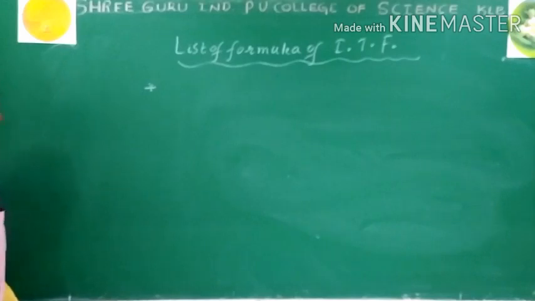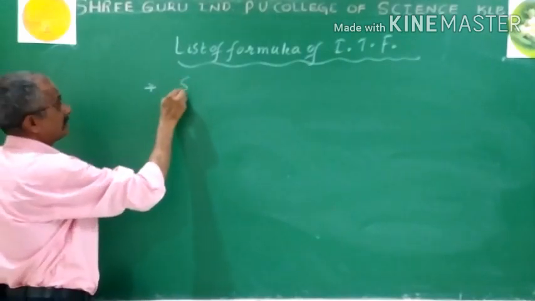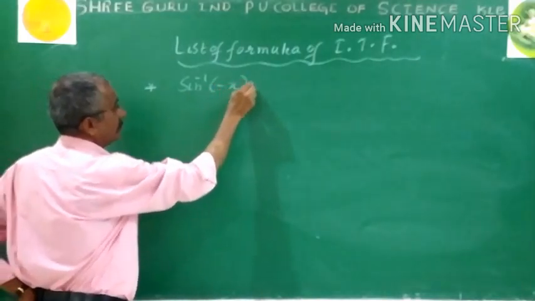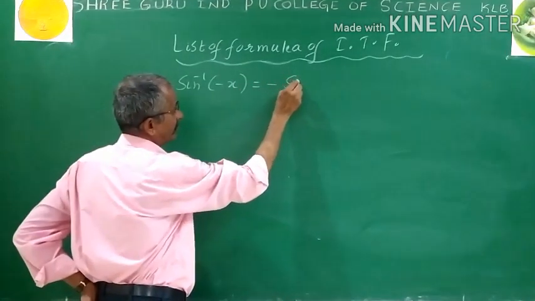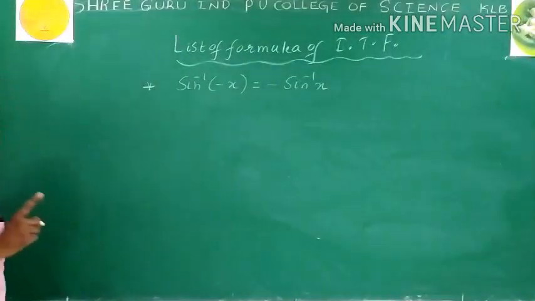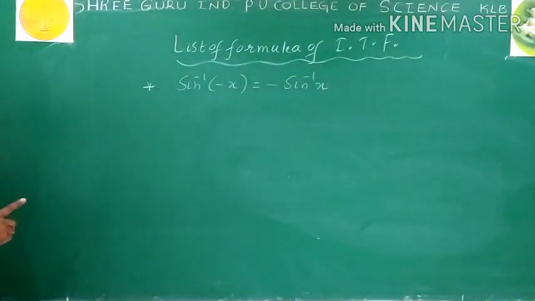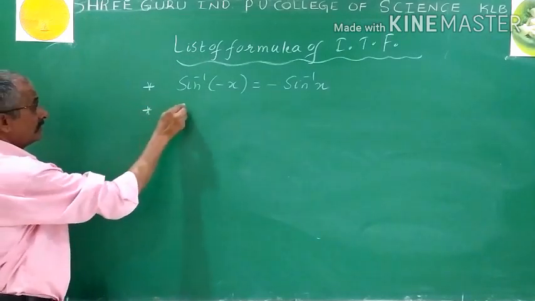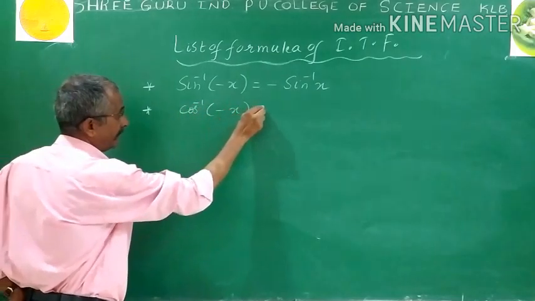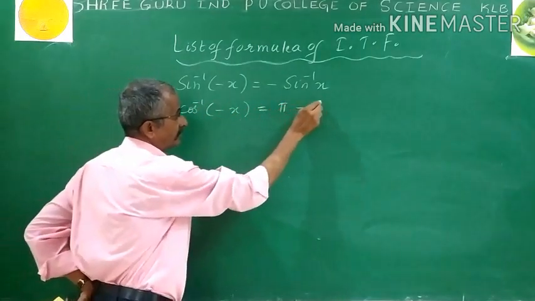Let's have them. First formula, sin inverse of minus x is equal to minus of sin inverse of x, provided conditions of domain and range get satisfied. It is understood. Similarly, cos inverse of minus x equals pi minus cos inverse of x.